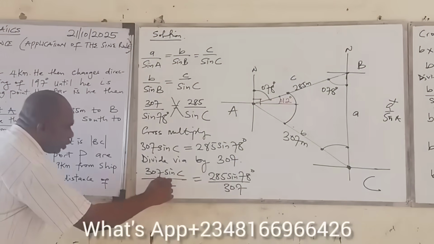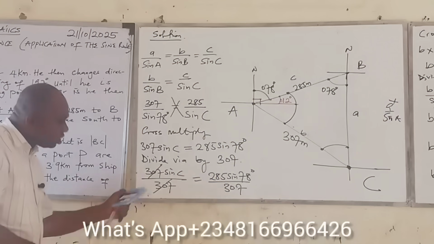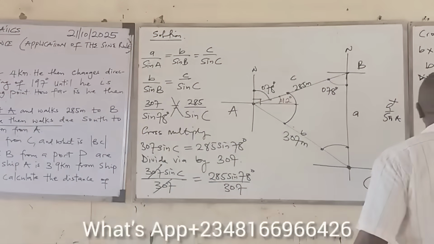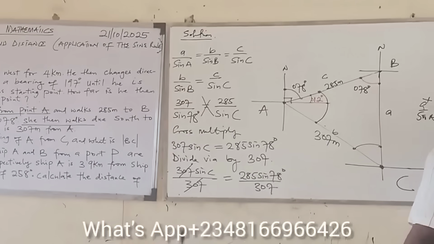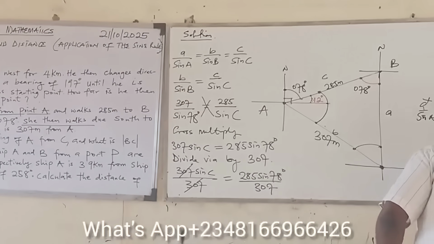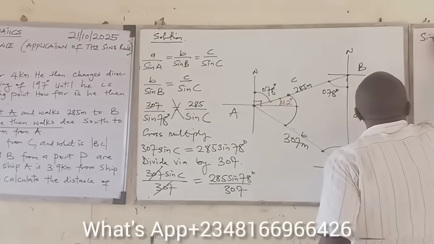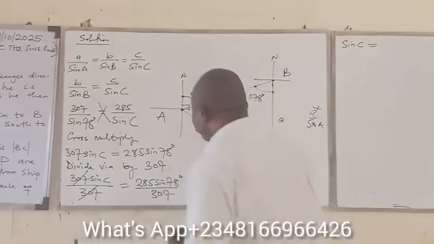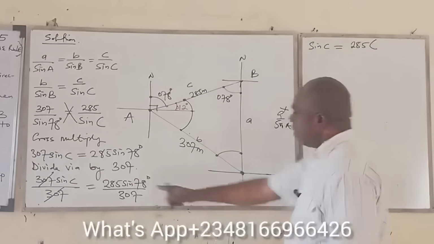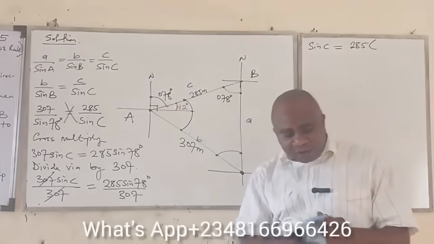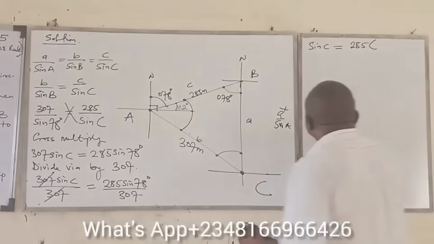So this 307 will go with this 307, and on the left hand side we will be left with sine C. So the value of sine C will be equal to 285 sine 78 all over 307. Now let's get the value of sine 78. Sine 78 is 0.9781.